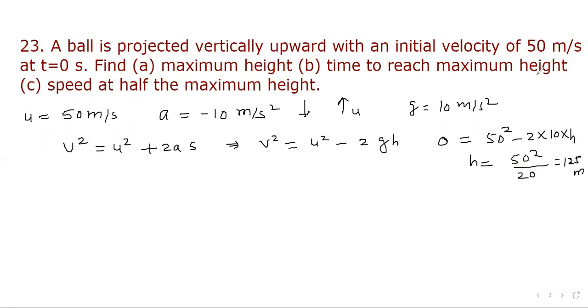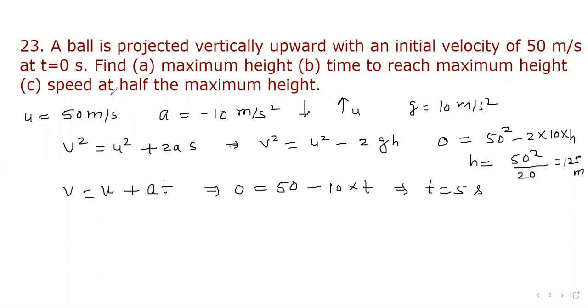We have to find the time to reach maximum height. So we can apply the formula final velocity equal to initial plus at. So final velocity is 0, initial velocity is 50, and acceleration due to gravity is 10 with the negative sign into time. So this will give t equal to 5 seconds.